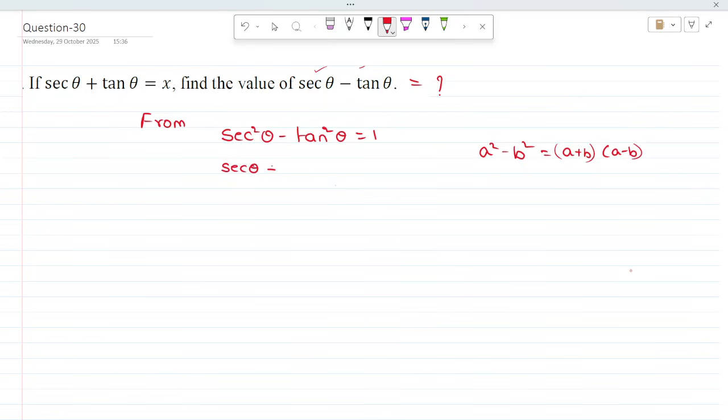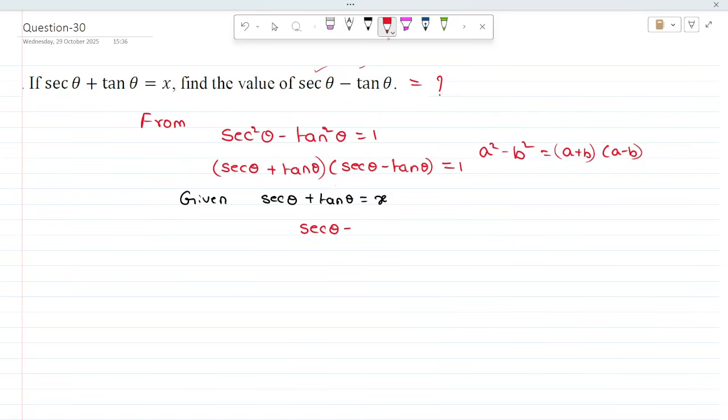Secant theta plus tan theta into secant theta minus tan theta is equal to 1. Agree? What is given? Secant theta plus tan theta is equal to x. Substitute there. Or else, in the next step you can do it. What is secant theta minus tan theta alone?